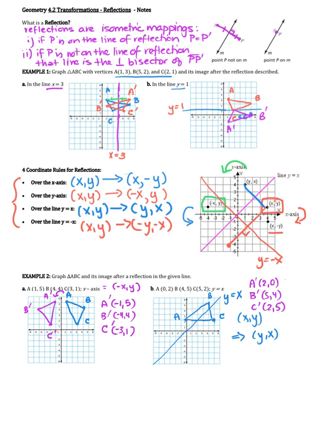So we have (2, 5) as our C prime, and (5, 4), just on the other side. And again, if you actually were to draw a line between the image and the pre-image, it should always look like the line of reflection is a perpendicular bisector. So this should be the same distance and perpendicular across.